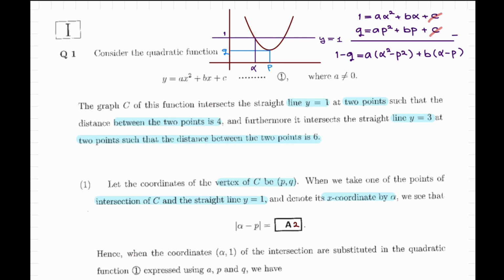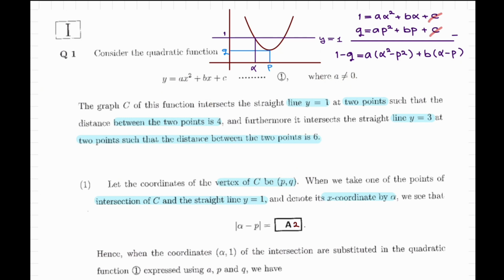You need to be consistent, yeah? Alpha is smaller than p, that means alpha minus p is equal to negative 2. So I can change alpha minus p here by negative 2, and for this expression you can factorize it first.